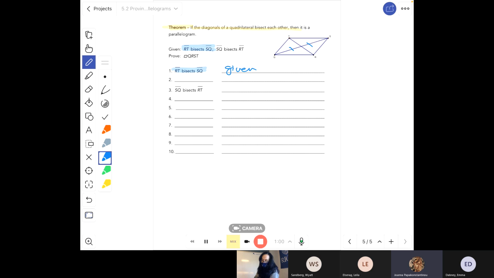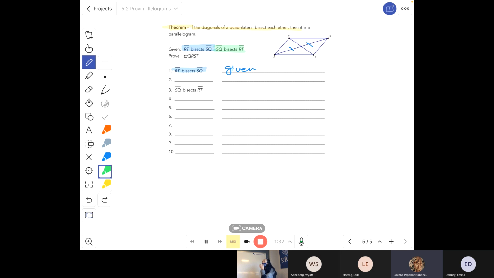What else? Well, I have another given. I might as well use it. SQ bisects RT. Actually, I have a question. Yes, ma'am. In the book, why is there not a line where you define the point in between those?